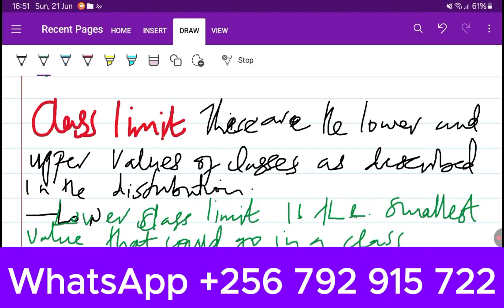And then when you look at the upper class limit, of course this one is the largest value that could go in a class if we are looking at inclusive classes.